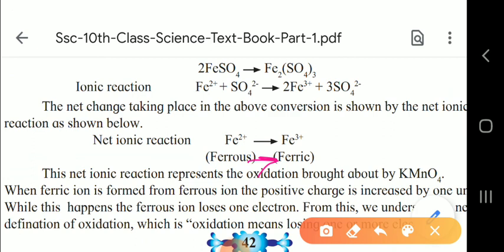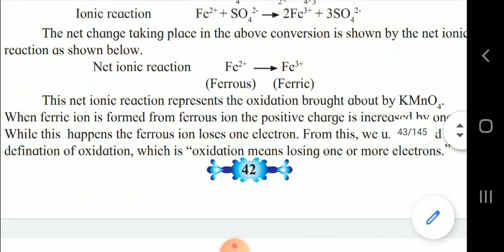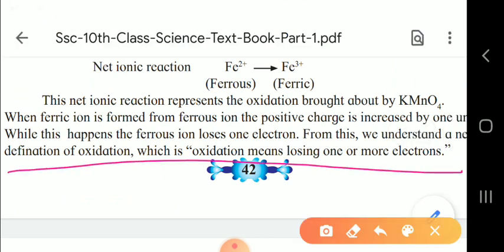Now when ferric ion is formed from ferrous ion, the positive charge is increased by 1 unit. So what happened? The ferrous ion loses 1 electron, and we can understand a new definition of oxidation: oxidation means losing one or more electrons. This way also we can define oxidation.